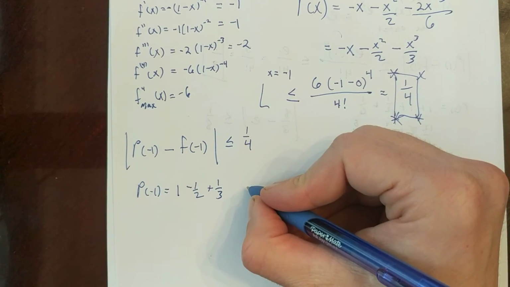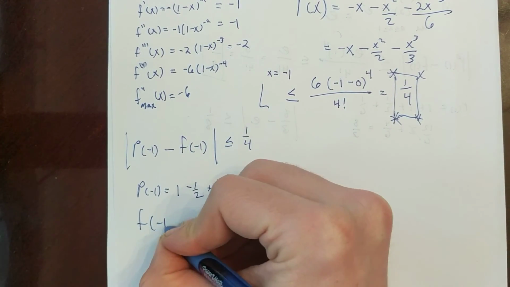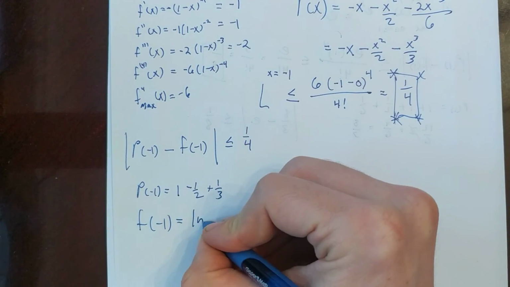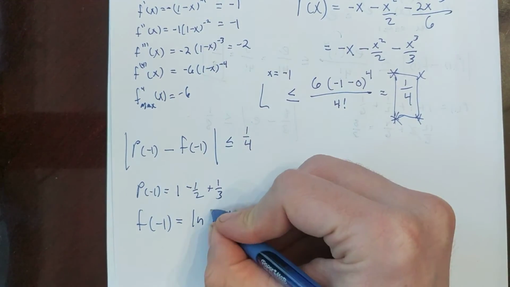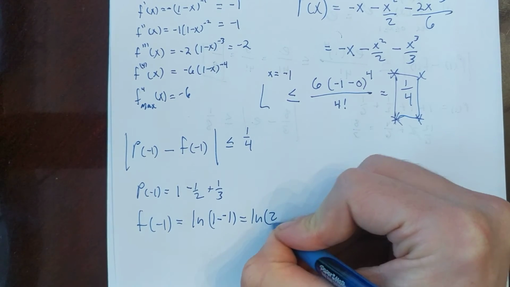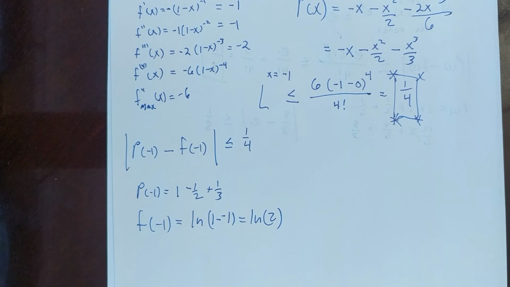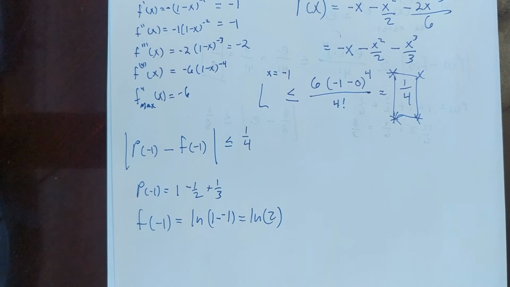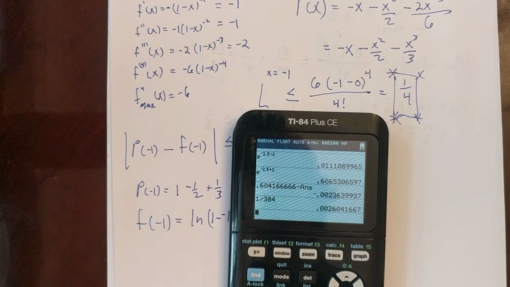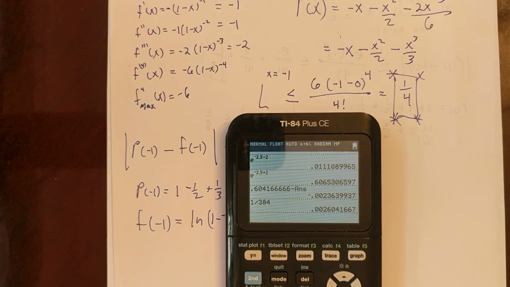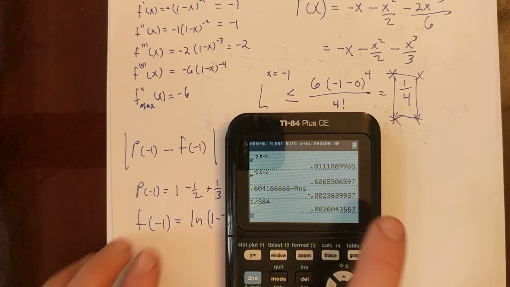F of negative 1 is in fact the natural log of 1 minus negative 1, which is the natural log of 2. So let's check. There we go. Perfect.